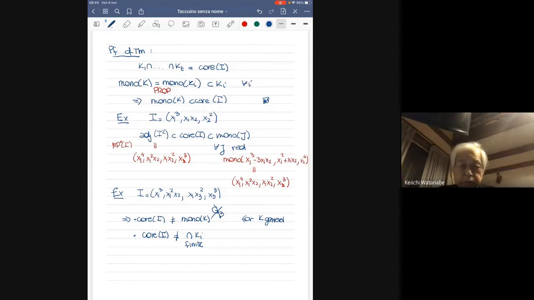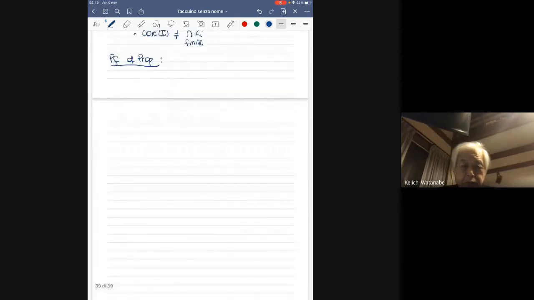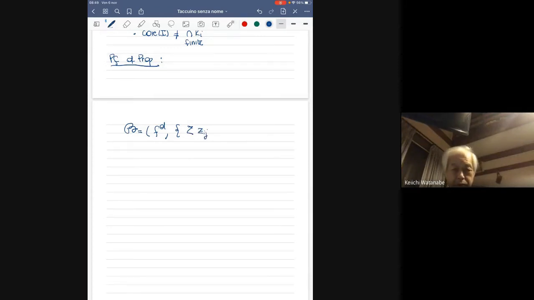So let me just give you now an idea of the proof of the proposition. Remember, the proposition states that the adjoint of K is independent of the general reduction. How do we prove the proposition? We take an ideal which looks like our K but is generic, in the sense that we take not a linear combination of the generators of I, but we use variables.